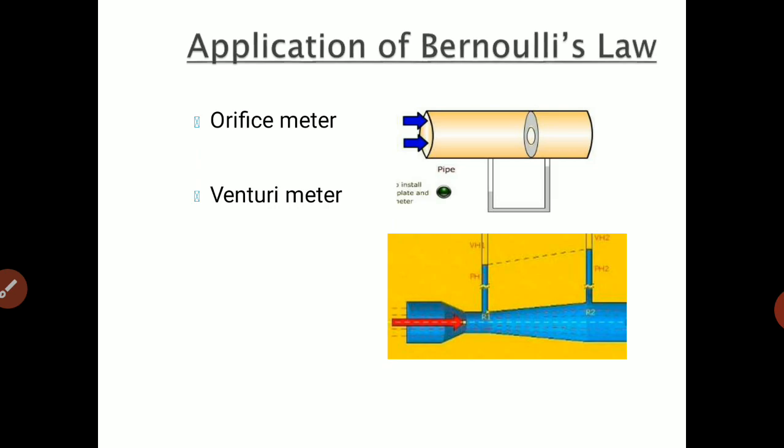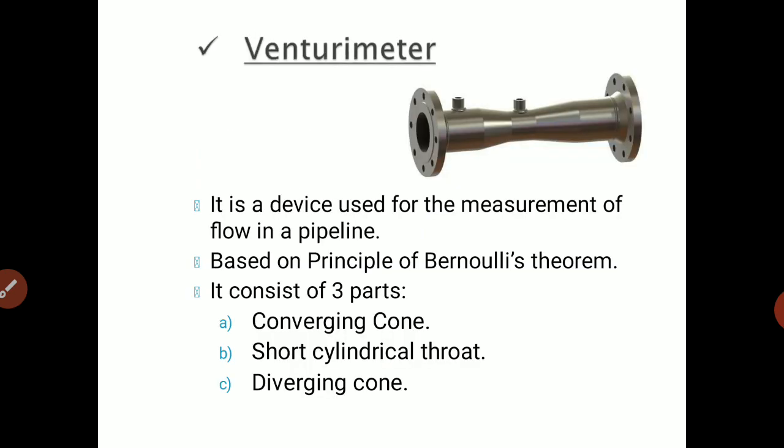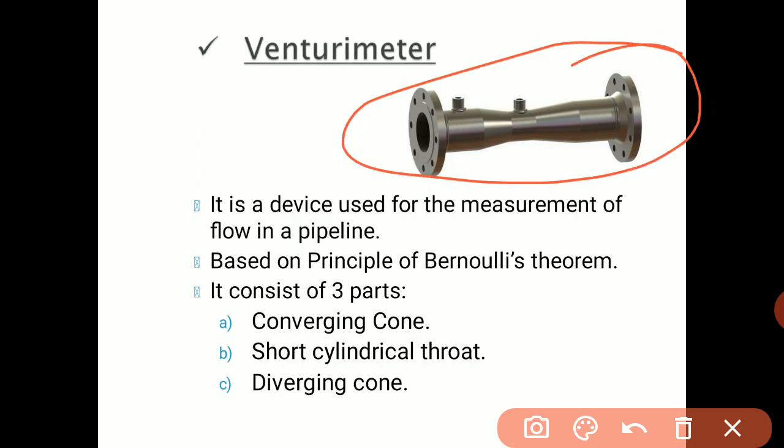Just see this diagram. This is the venturimeter. It is a device used for the measurement of flow in a pipe, and it is based on the principle of Bernoulli.